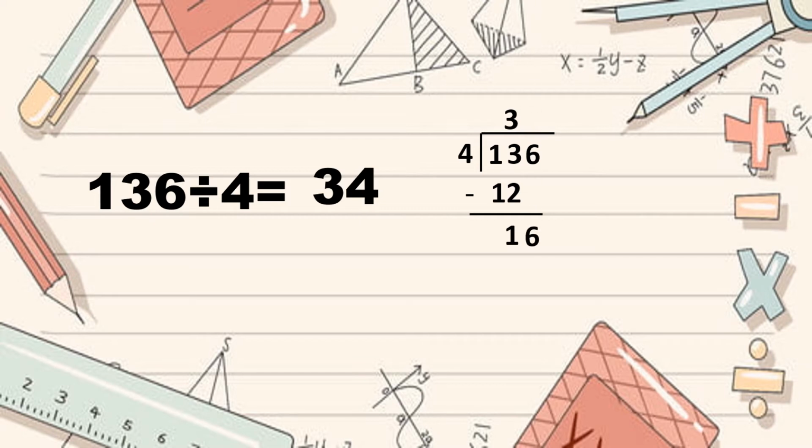Then, bring down 6. 16 divided by 4 is 4. Then, multiply 4 times 4 equals 16. Subtract 16 minus 16 equals 0. Our answer is 34.